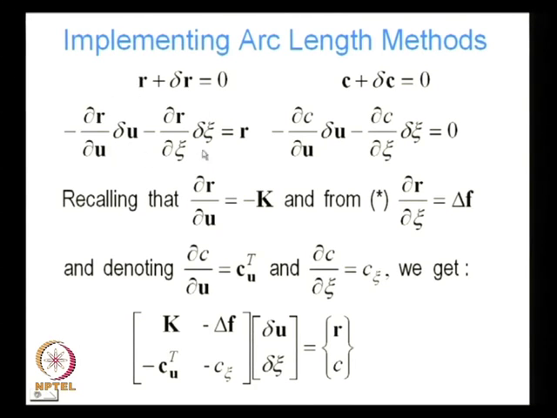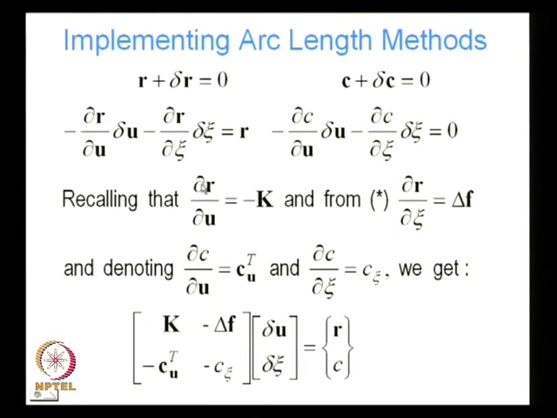So, r plus this is equal to 0, so this must be equal to minus r. Similarly, I do the same thing here, I linearize del c del u delta u plus del c del xi delta xi, since c is a function of both u and xi. When I linearize, I get this, and this is equal to 0.